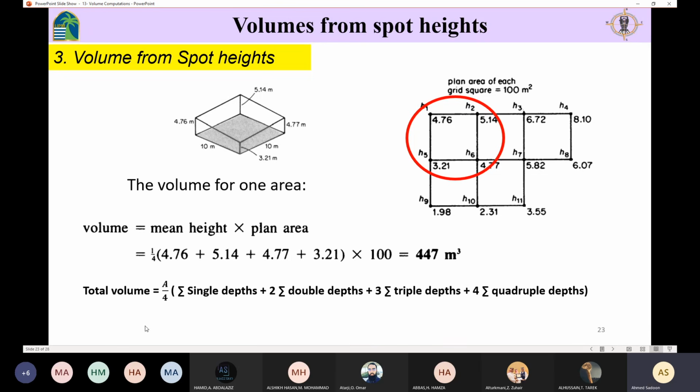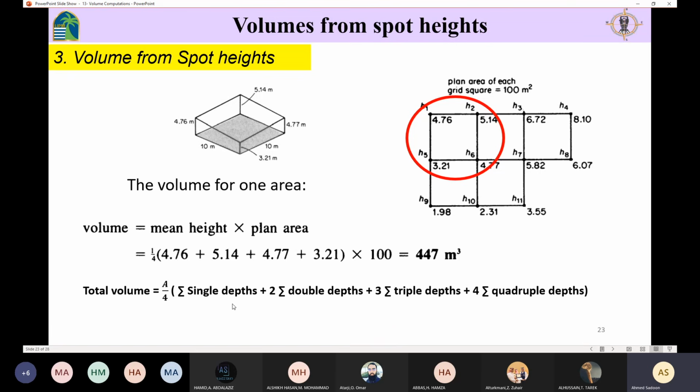But this formula helps us determine the volume for the whole grid. So how to use this formula? The formula says that the total volume is going to be A over 4. A represents the volume only for one spot, not for the whole grid, which is 100 here in this case. Then it should be multiplied by the summation of the single depth.